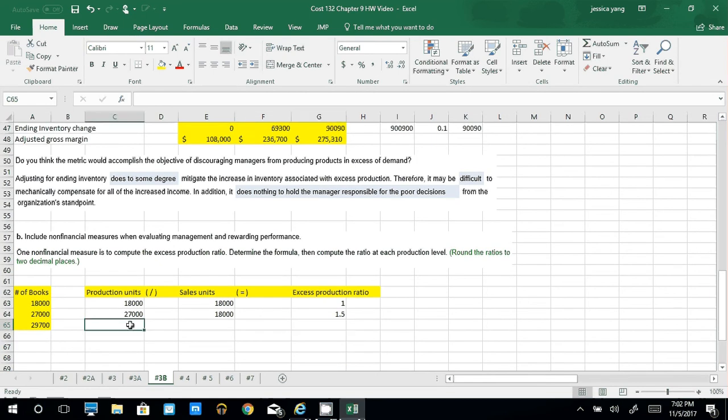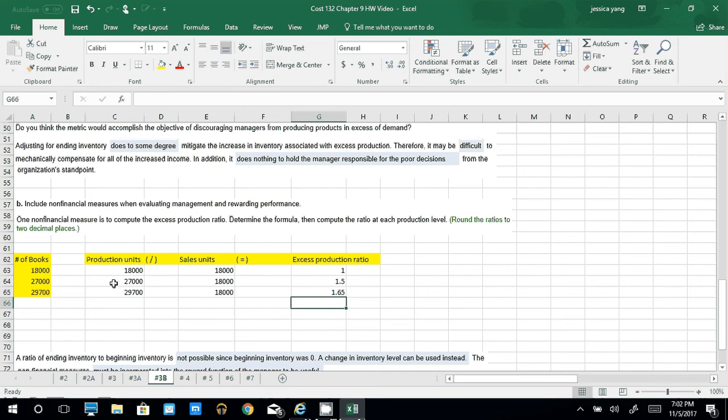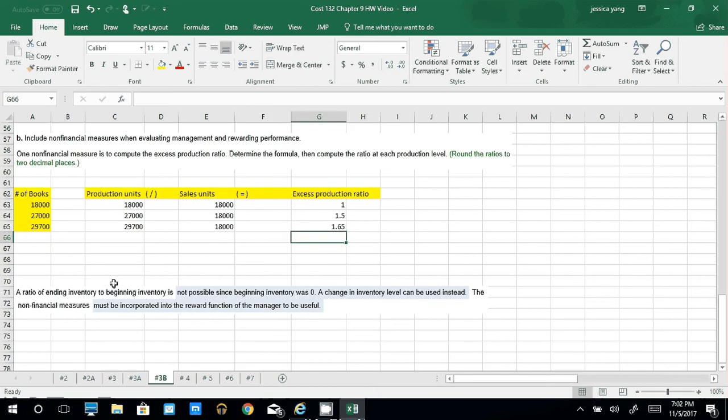And then for 29,700, I'm going to divide that by 18,000. That gives me a 1.65 excess production ratio. A ratio of ending inventory to beginning inventory is not possible because beginning inventory was 0.